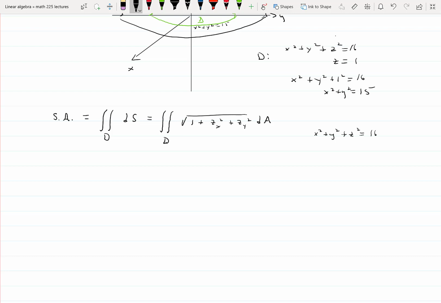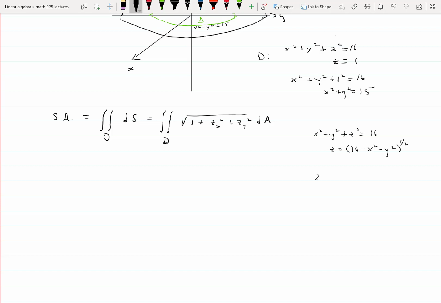So z equals 16 minus x squared minus y squared to the 1/2 power, and it's the positive square root since we're looking at the upper hemisphere. I solved for z because we need z sub x and z sub y.